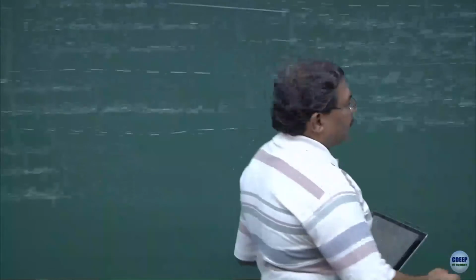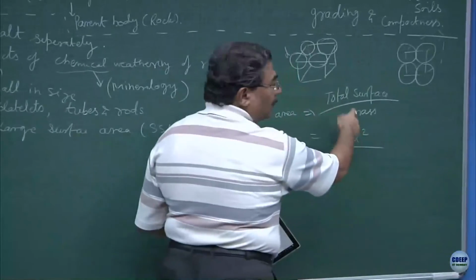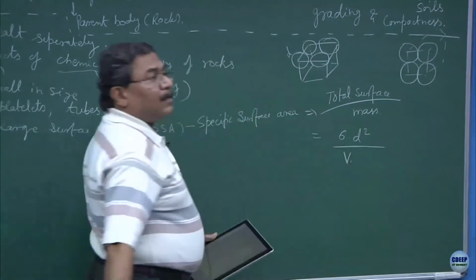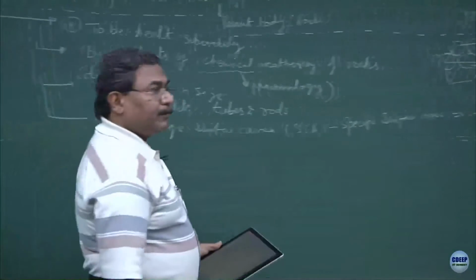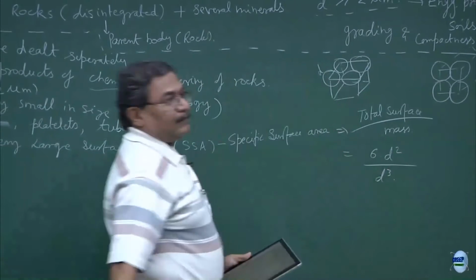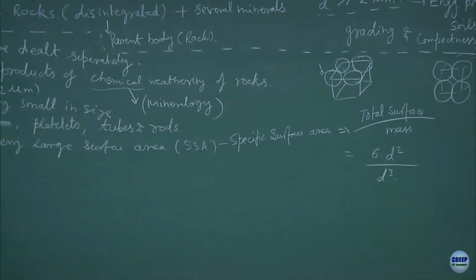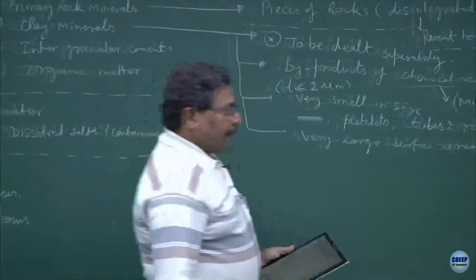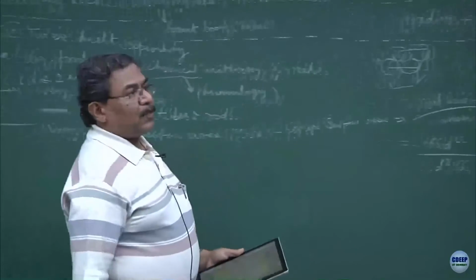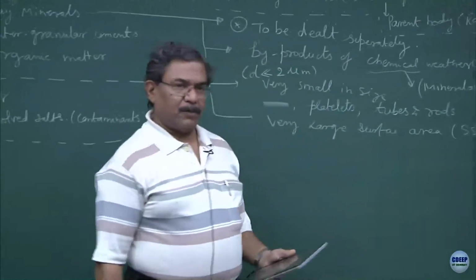So how to compute the mass of this system? Volume is known, d cube, multiplied by density. So density of the system would be, I will use the word G. G is known as specific gravity. We will discuss this later.